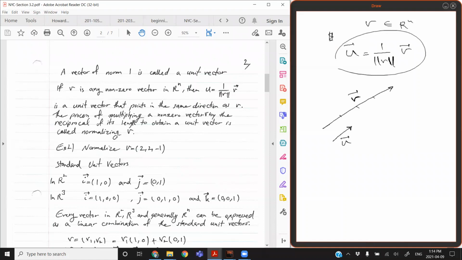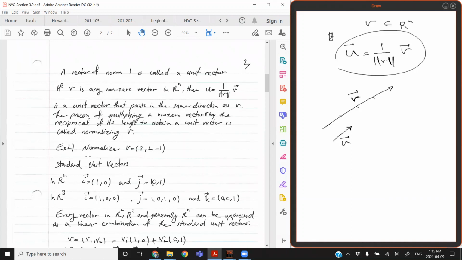That will give you the unit vector. So if v is any non-zero vector in Rn, then u, which is defined like this, 1 over the norm of v times v, is a unit vector that points in the same direction as v. The process of multiplying a non-zero vector v by the reciprocal, or 1 over, of its length to obtain a unit vector is called normalizing v. So you're creating a vector of length 1.